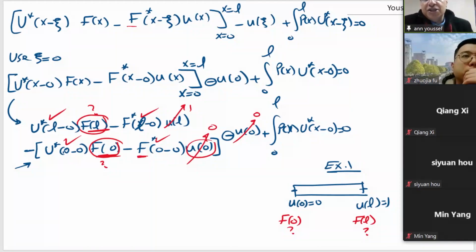The other integral equation you will use at xi equal L, for example.